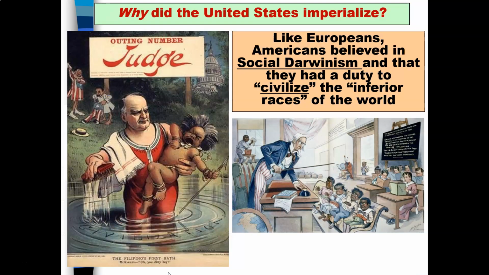Like Europeans, Americans believed in social Darwinism and that they had a duty to civilize the inferior races of the world. As you can see from both of these political cartoons, to the left you have basically a Filipino boy who is being cleaned up, who is being civilized by the United States. And to the right you have Uncle Sam, which is basically doing the same thing, civilizing Latin American nations, and also Hawaii.